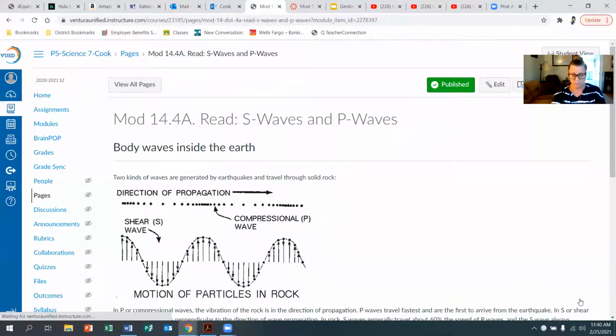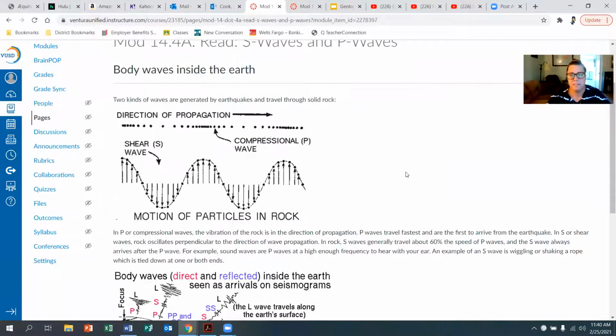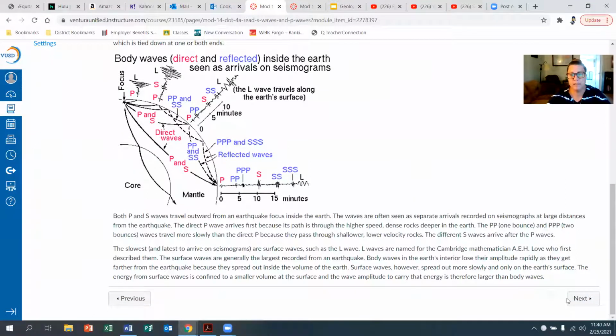After that, there's another article on here that has to do with the different types of waves that are recorded on a seismograph when an earthquake takes place. So it talks about S waves, P waves, and surface waves. You can read that little bit there.